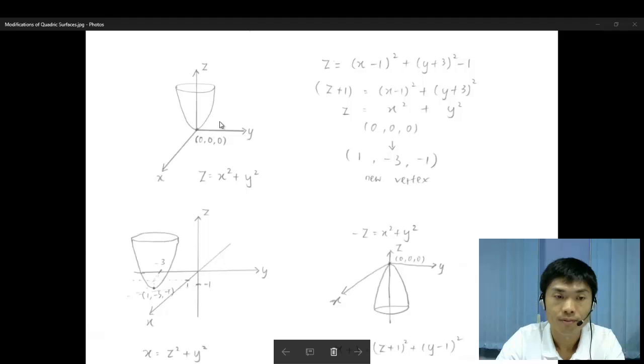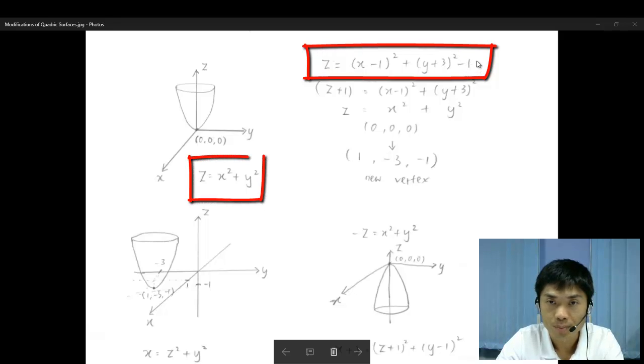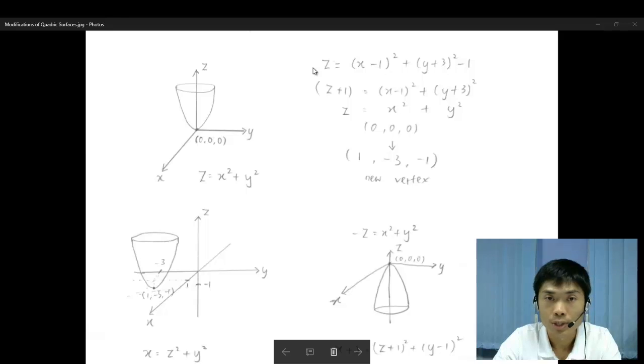Now, what if the new equation given for the elliptic paraboloid is in this form? z equals, in the bracket, x minus 1 square plus y plus 3 square, minus 1. This equation actually resembles the elliptic paraboloid equation, but we need to rearrange it first.